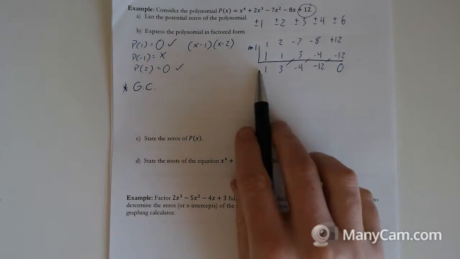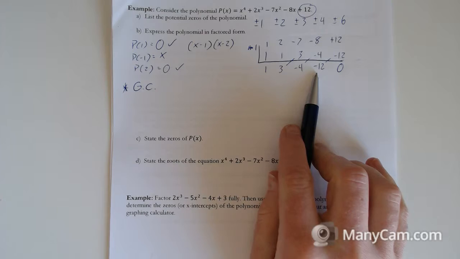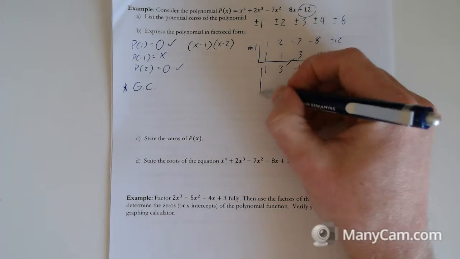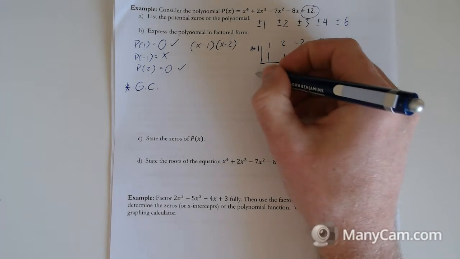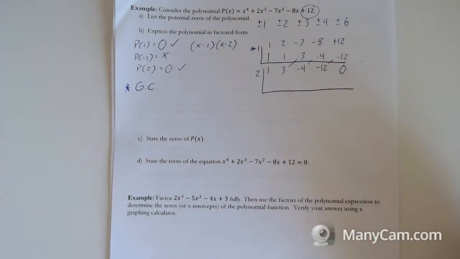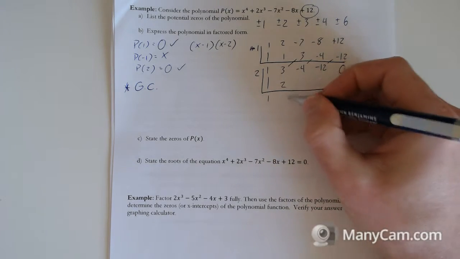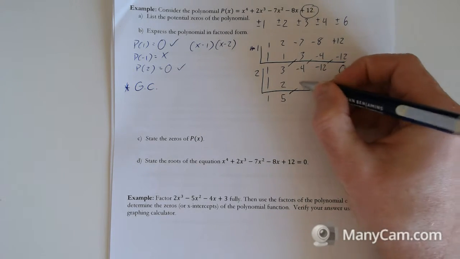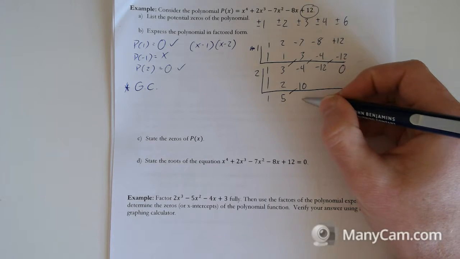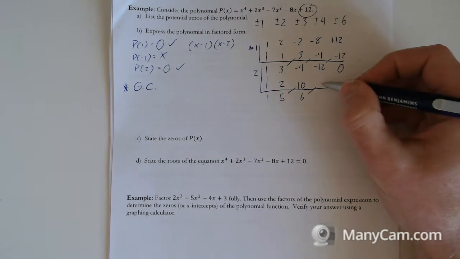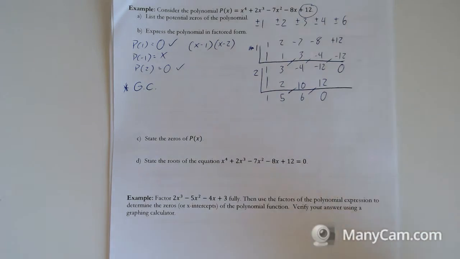So let's take our polynomial. This is our polynomial that's left, our third degree one, and let's do that again. And this time we're going to do it with the positive 2. So that's still 1, that becomes 2, that becomes 5, that becomes 10, that becomes 6, 2 times 6 is 12, is 0.